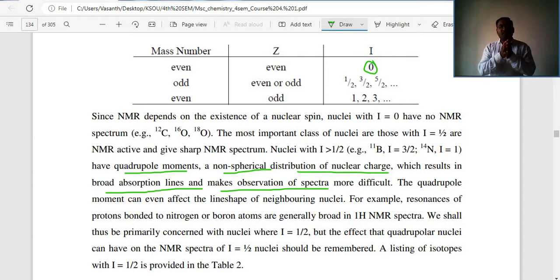The quadrupole moment can even affect the line shape of neighboring nuclei.